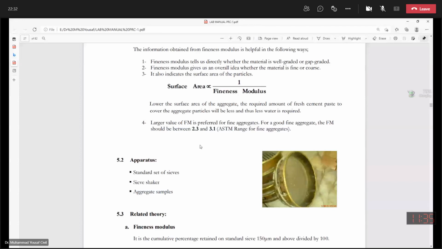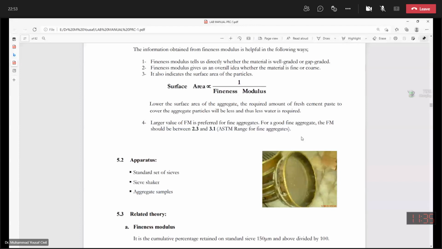Like if you are using large sand, then it is coarse. So it will give you more strength and more workability as compared to the fine material like sand from the Ravi river. Ravi sand will give you less workability.